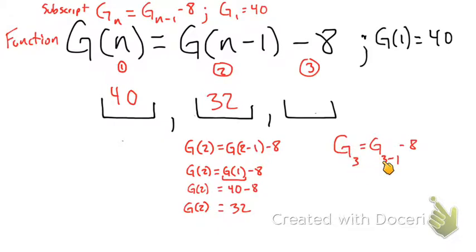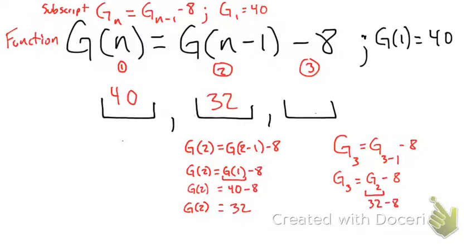Let's do this math. 3 minus 1. So the third term in our sequence is equal to the second term in our sequence minus 8. Okay? So all this means is, in order to fill this in, I just need the second term in my sequence, which is 32. So G sub 2 turns into the second term, which is 32.